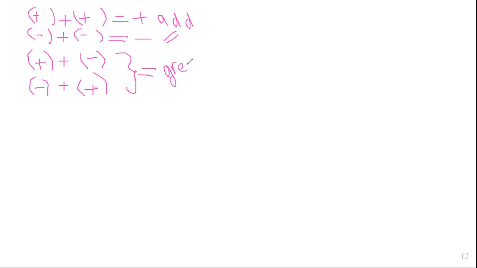If the greatest number is negative, then my result will be negative. And in both cases, we should subtract the big number minus the small number. So it is as the greatest, and we subtract both numbers. These are the rules of adding two signed numbers.